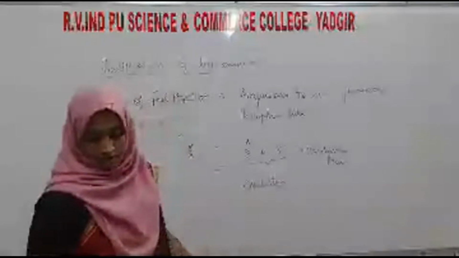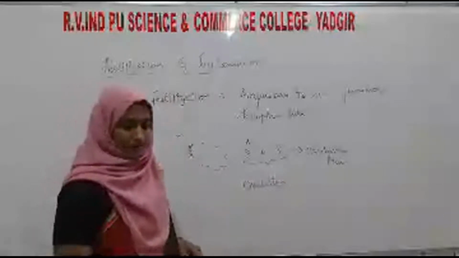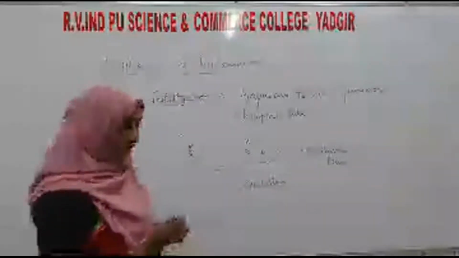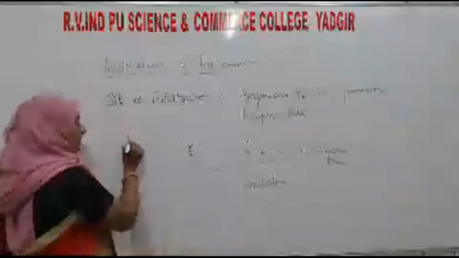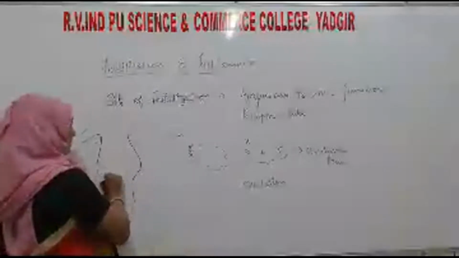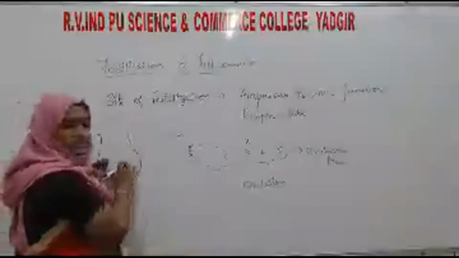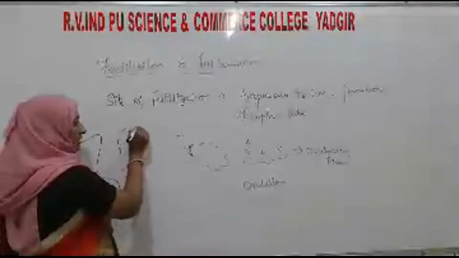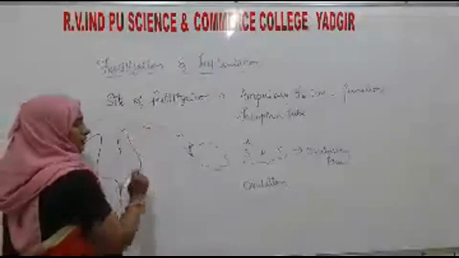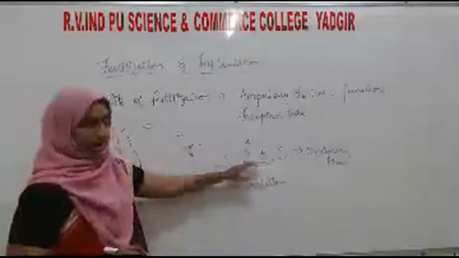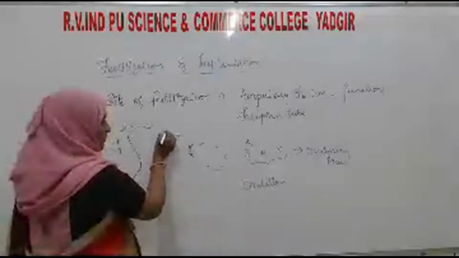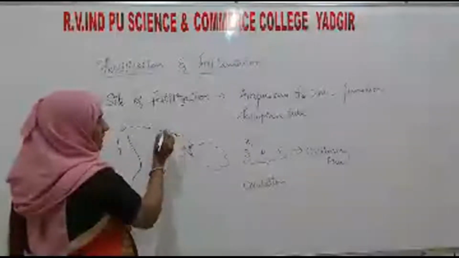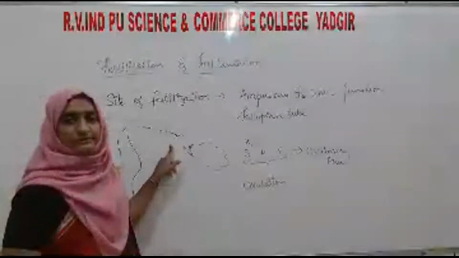Here, ovulation takes place on these days. If simultaneously, in the vagina or in the female reproductive tract, through the process of insemination, the sperms are introduced or transported, at this time only, at the ovulatory phase, fertilization will take place.